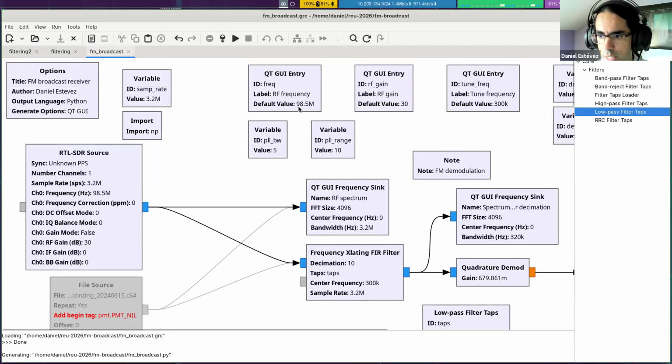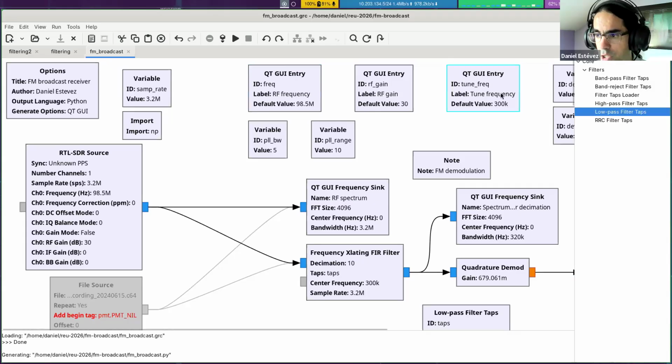So I'm setting this at 98.5 megahertz because I know that at 98.8 megahertz there's a good station that plays classical music and it's pretty strong. So I'm tuning to that station by putting the center frequency to 98.5 on the SDR and then tuning to 300 kilohertz using this frequency translating FIR filter. And we will see that in a second.